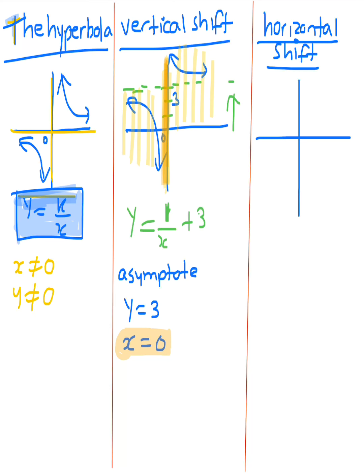And if you go back to your equation, you can still see if you sub in x equals 0 into that denominator, you get y equals 1 over 0 plus 3, you will see that basically x can never equal 0. It will be undefined.